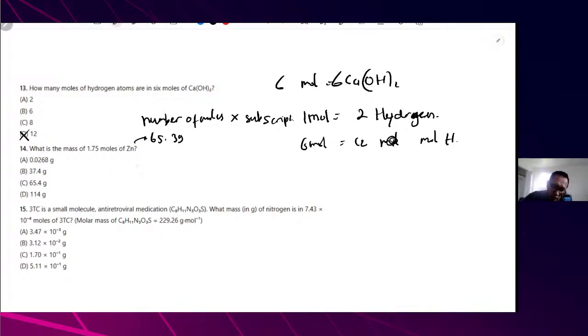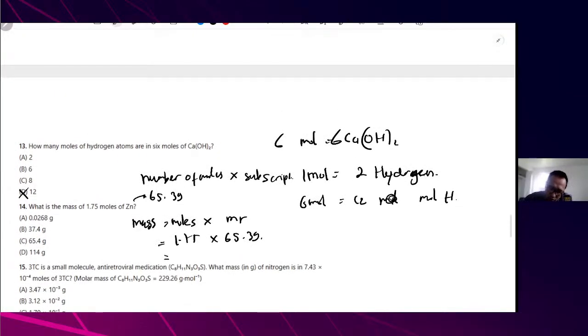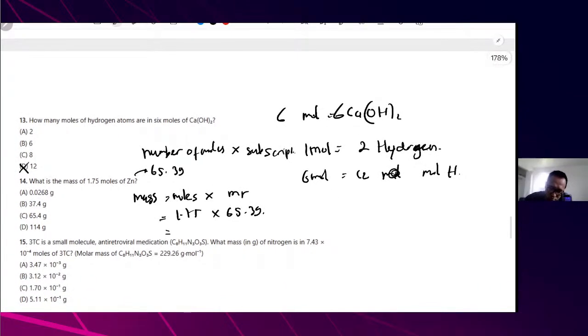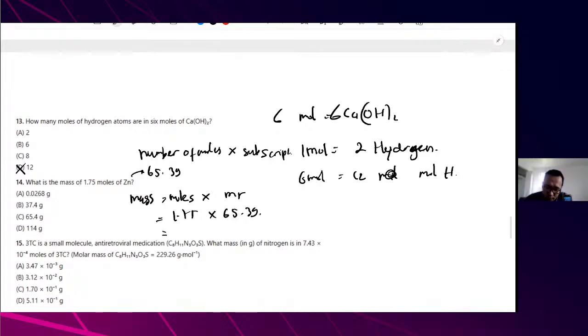So if we are asked about mass, it should be moles times molar mass. So moles is 1.75 and then times 65.39. So it will be probably T, because zinc is, yeah. So it should be T, 104 gram.